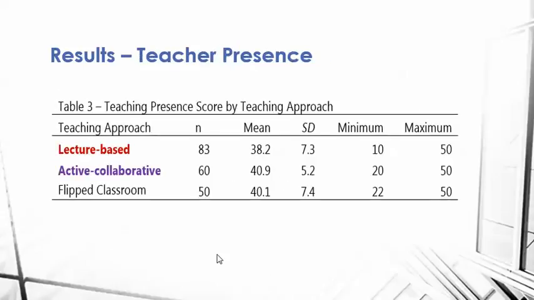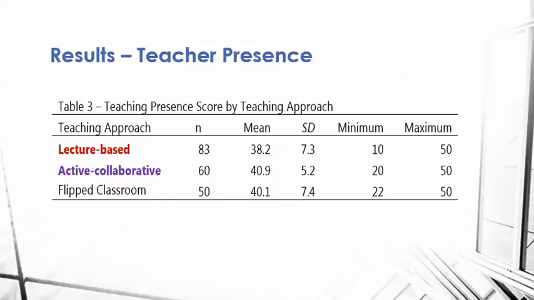And in terms of teacher presence, the active collaborative approach did not differ from the flipped classroom approach, but it did differ significantly from the lecture-based approach. So teacher presence was higher, or rated higher, in the active collaborative approach compared to the lecture-based approach.